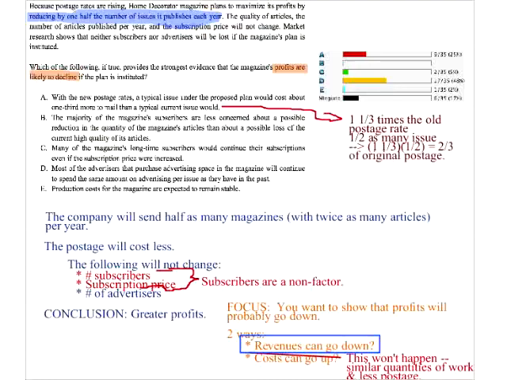When they give you specific numbers, usually math is not the focus, but if they do give you specific numbers, then by all means work with them.